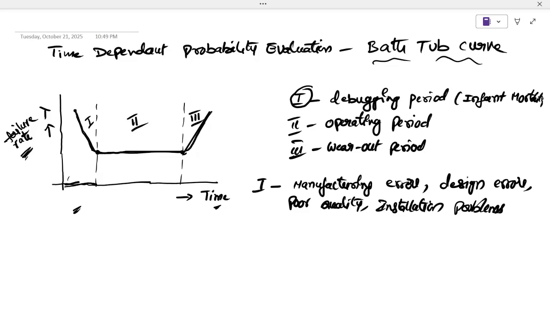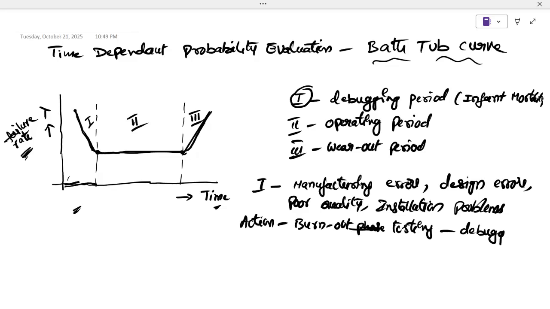Then what action do we need to take in this first phase to avoid these failures? Basically we conduct burn-in testing as a part of debugging.